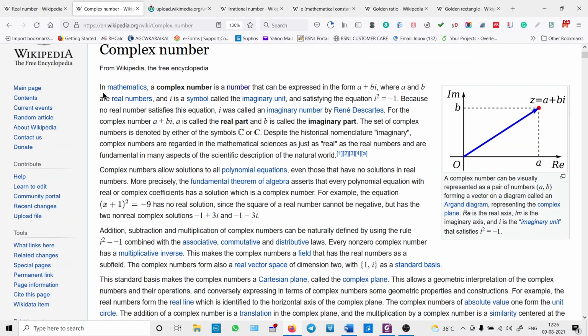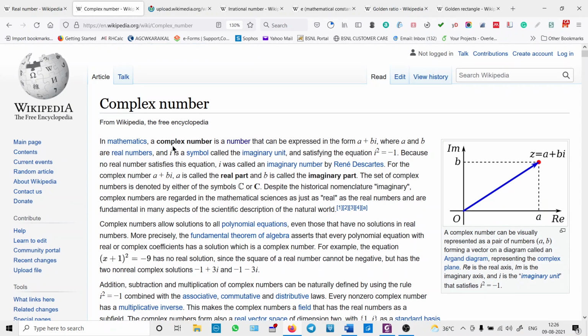Complex numbers. What is a complex number? In mathematics, a complex number is a number that can be expressed in the form a plus ib, where a and b are real numbers and i is the symbol called the imaginary unit. It satisfies the relationship i square equals minus 1.